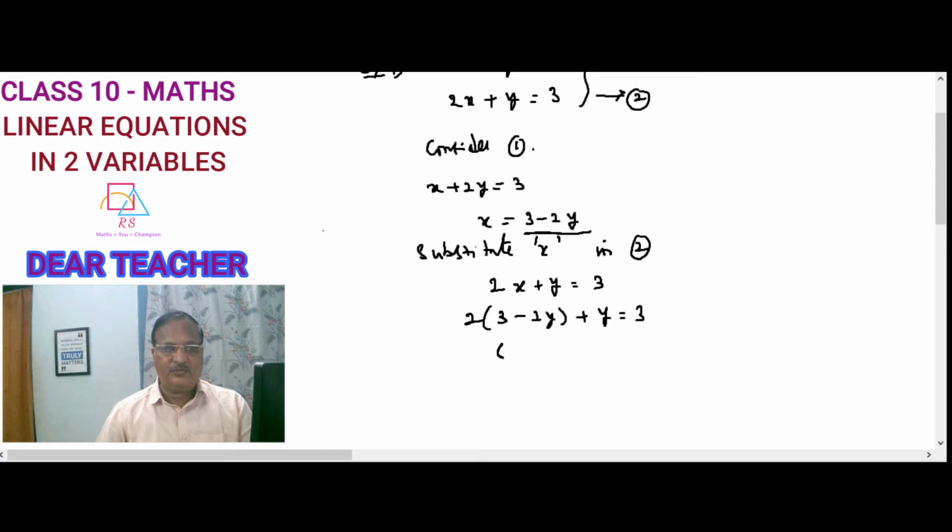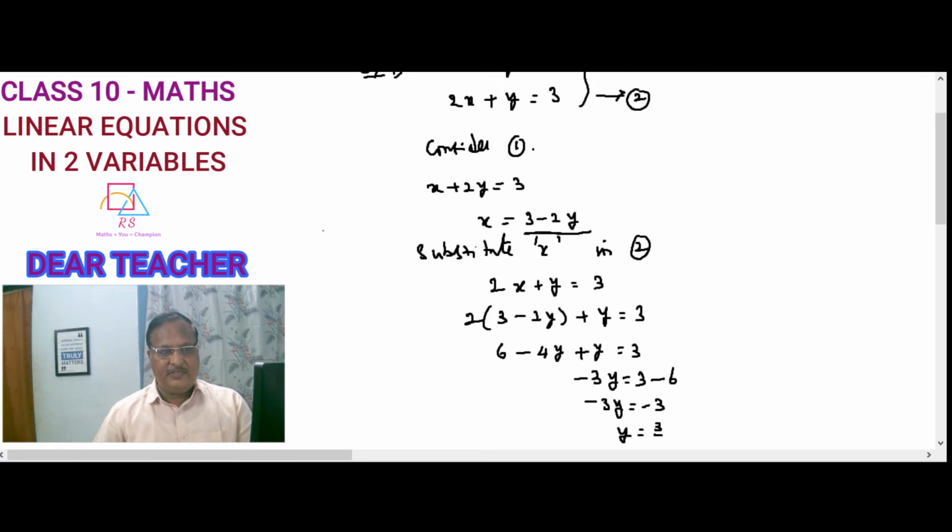Open the brackets: 2 times 3 is 6, 2 times 2y is 4y, plus y is equal to 3. Simplify: send 6 to the other side. Minus 4y plus y is minus 3y, equal to 3 minus 6. This 6 came to the right hand side. So minus 3y is equal to minus 3. Both sides have minus, so you can cancel it. So 3 upon 3 is equal to 1. That means y is equal to 1.